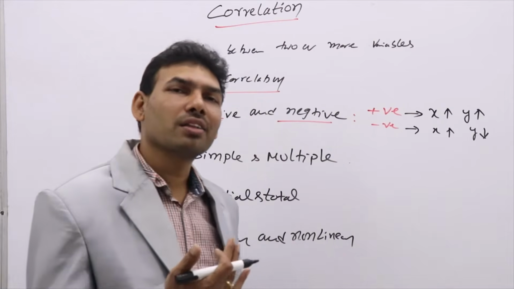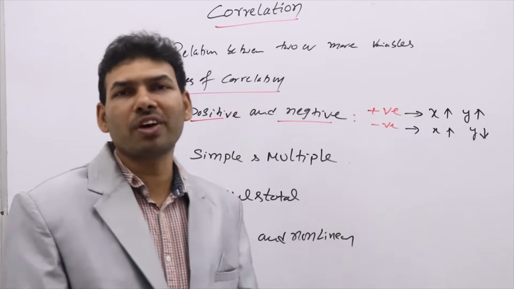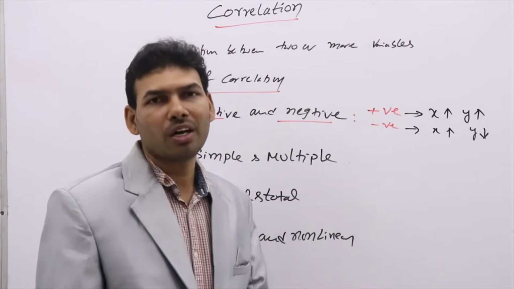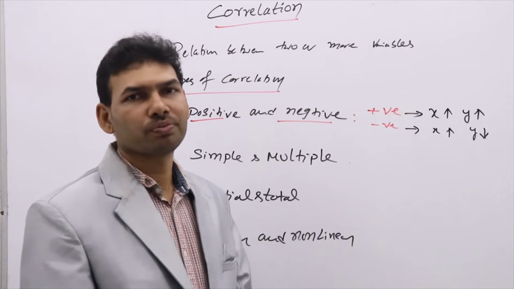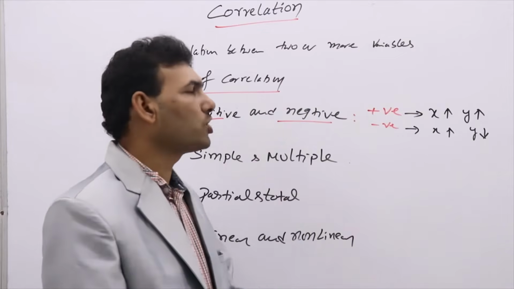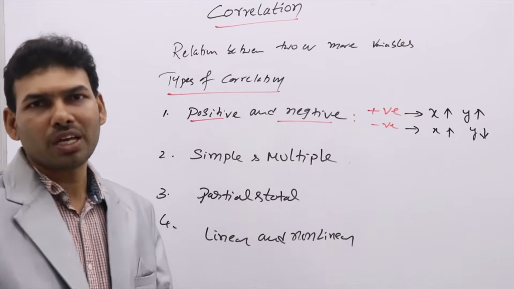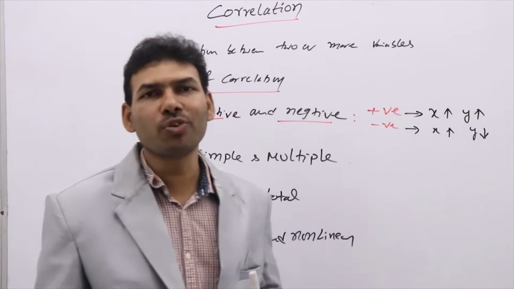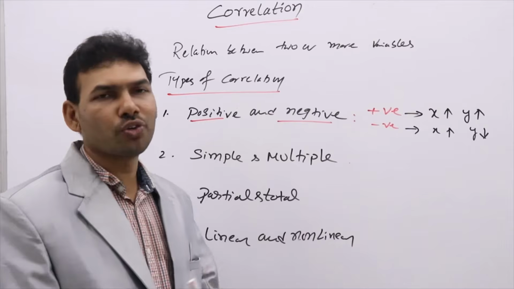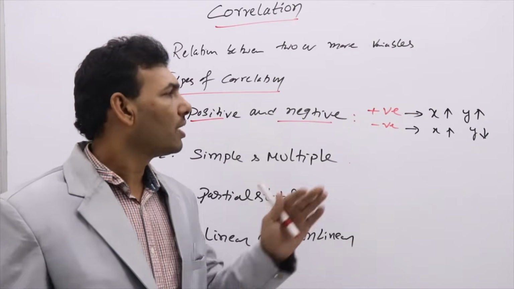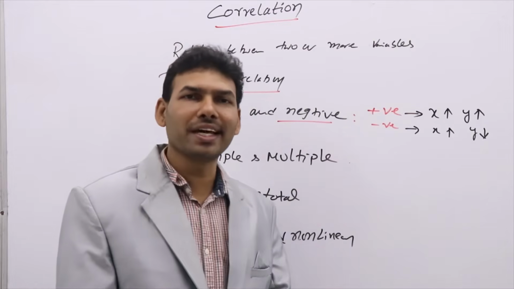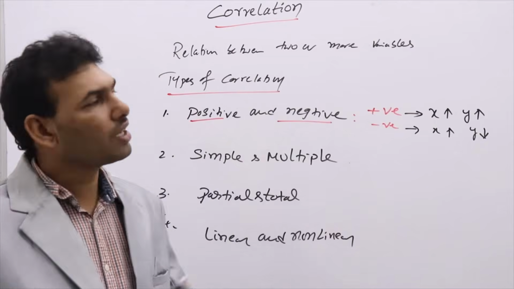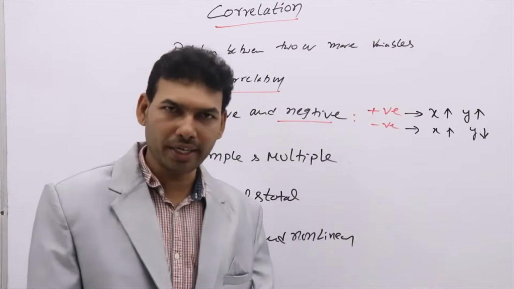Basing on the direction of the variability, how they change, we describe positive and negative correlation. If the change is in the same direction, they are positively correlated. If the change is in the opposite direction, they are negatively correlated.